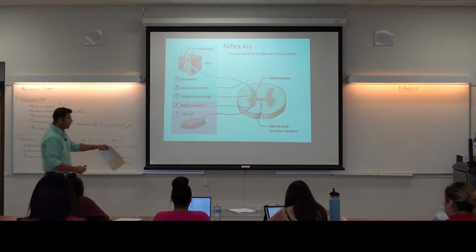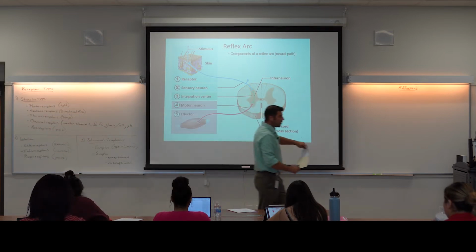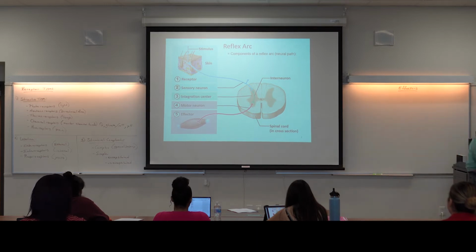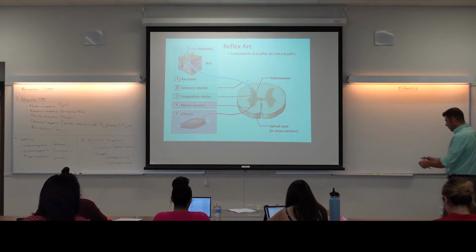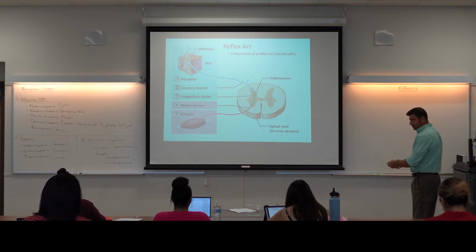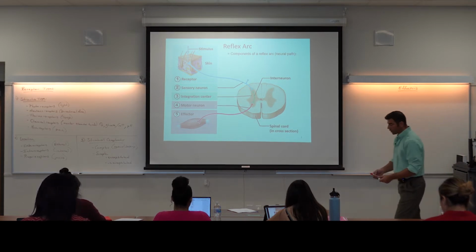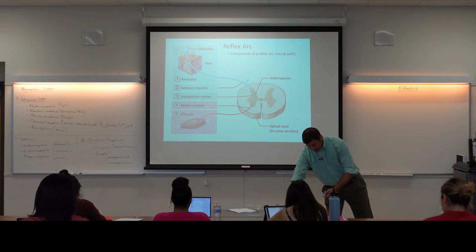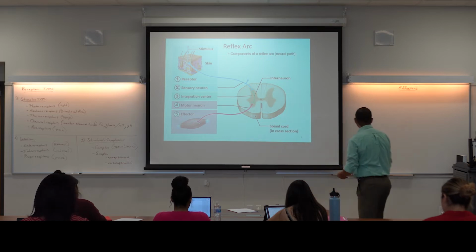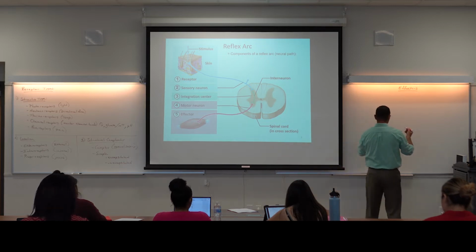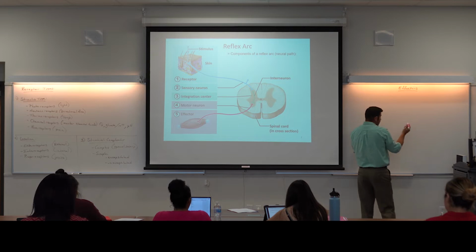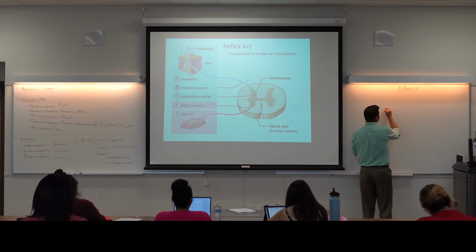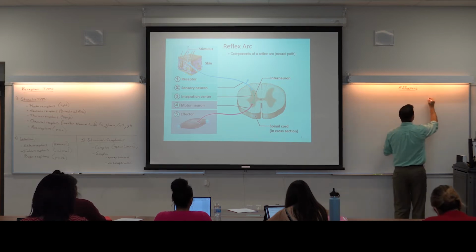Okay, I'm going to come over here while we're on this, and I'm just going to list some possible effectors. And let's see if I can do this in a way that allows us to keep it on the board. I'll use these two colors. One of these effectors, let's make this light pink color. I'm going to make this a skeletal muscle.